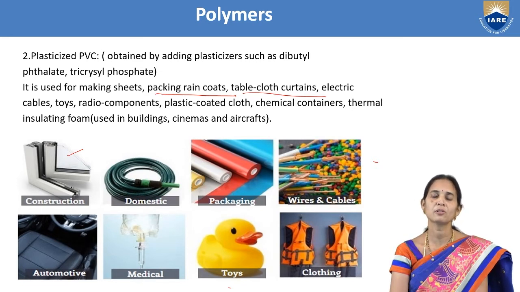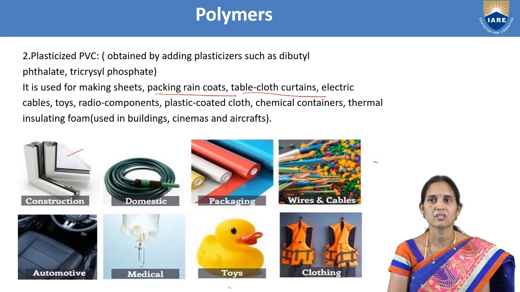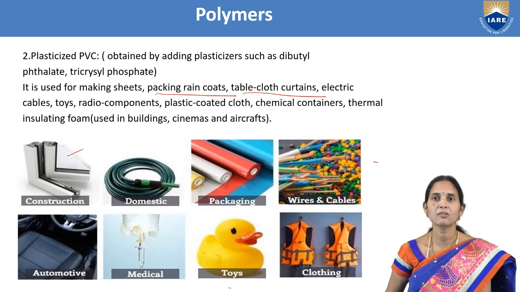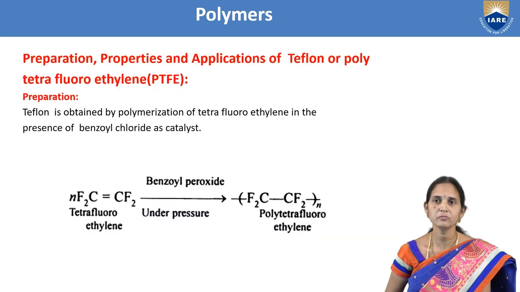So polyvinyl chloride is used in different ways. Chemical containers like tank linings use PVC. Thermal insulating foam is used in buildings, cinemas and aircrafts. So these are the uses of polyvinyl chloride.